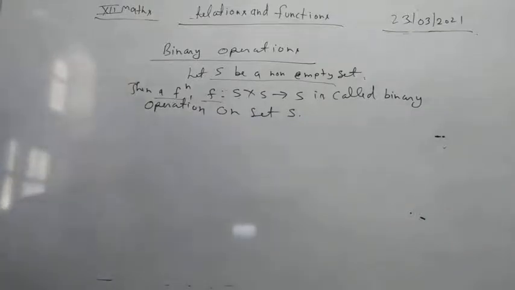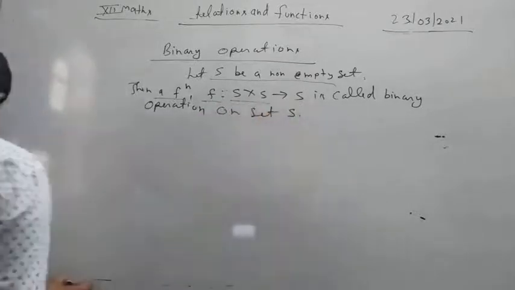So it proves that a binary operation is also a function from S cross S tends to S.